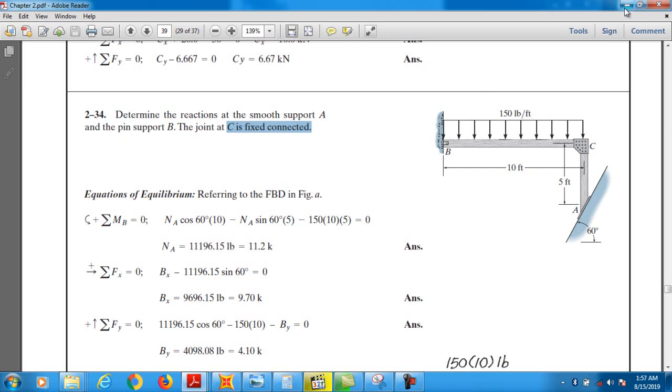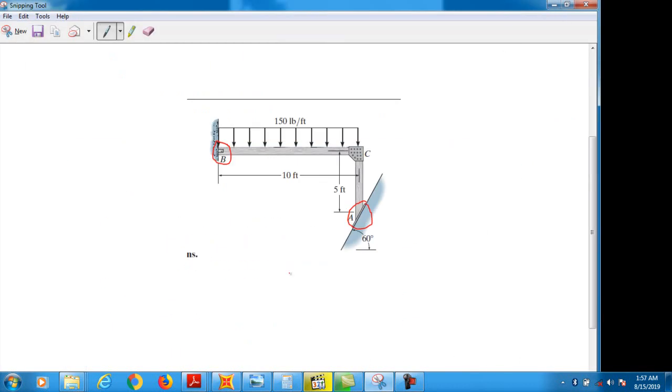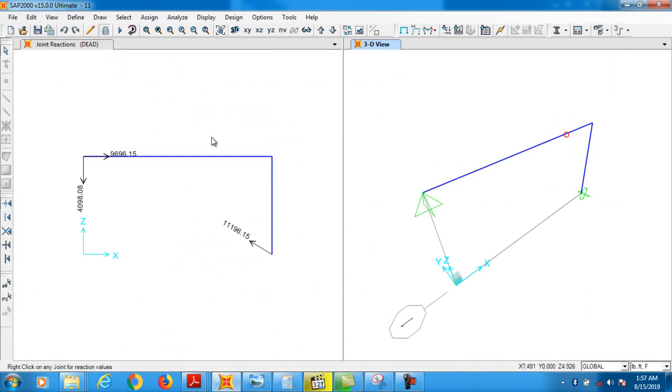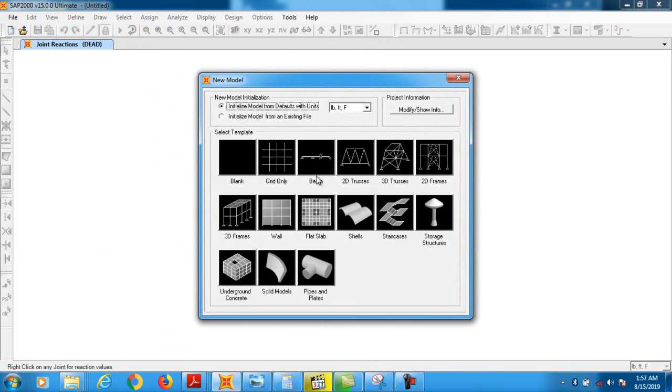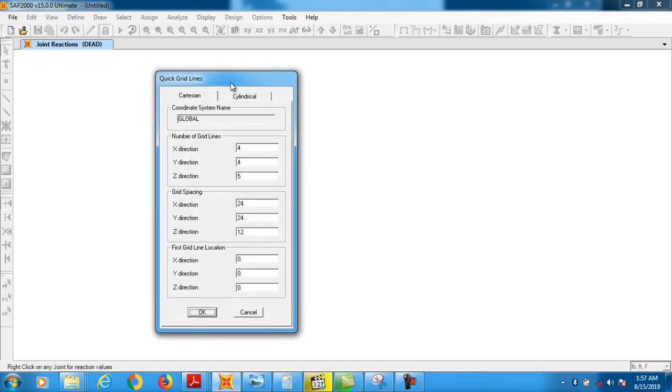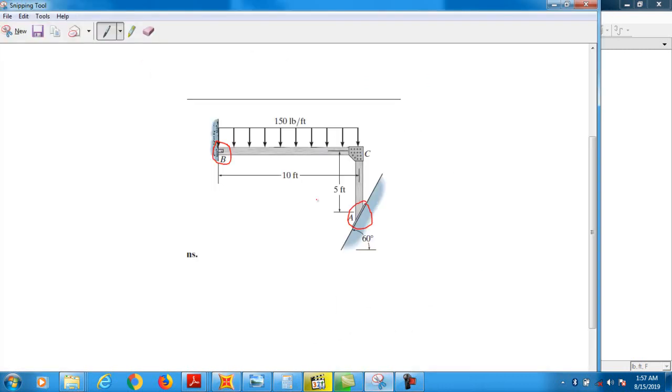So how to model this beam? Let's see. We will do this example. We will use grid spacing. Here you need to understand. You have x1 and x2, and you have z1 and z2.